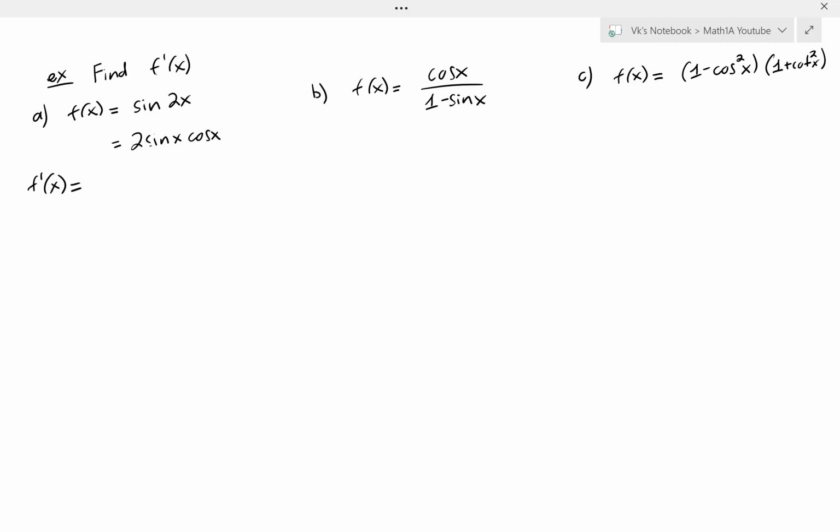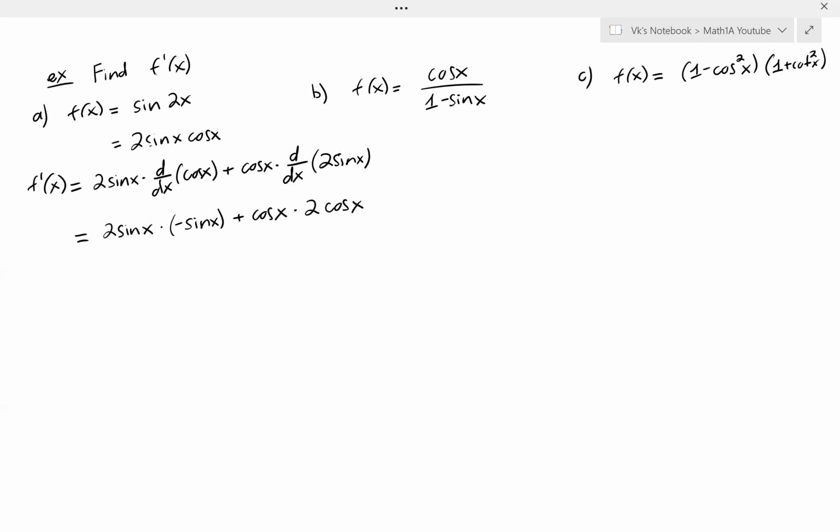Well, this is the product of two functions, so use the product rule. 2 sine x multiplied to the derivative of cosine x plus cosine x multiplied to the derivative of 2 sine x. We have 2 sine x multiplied to negative sine x plus cosine x multiplied to 2 cosine x.